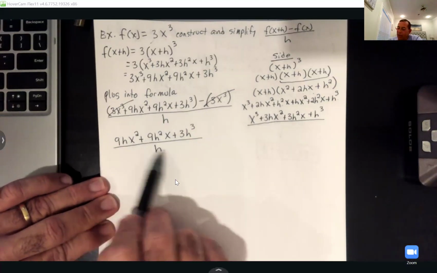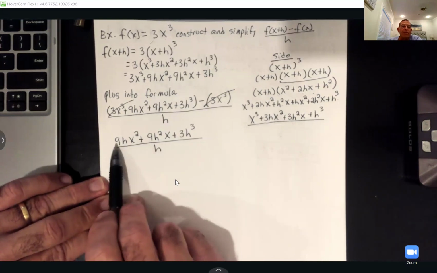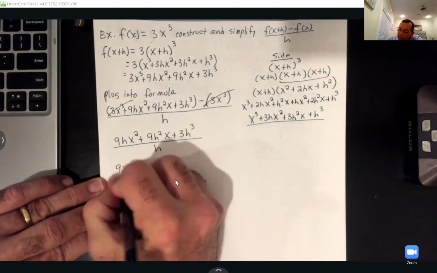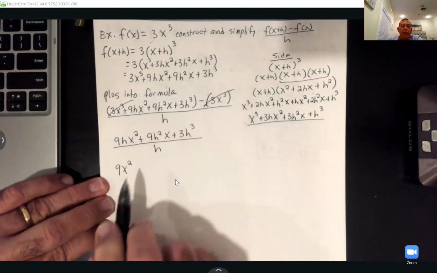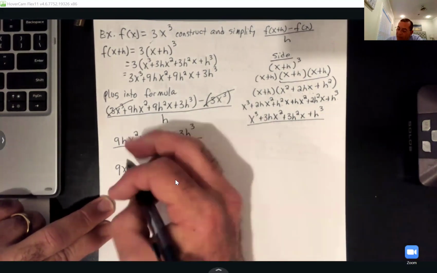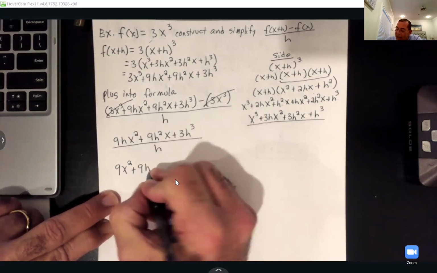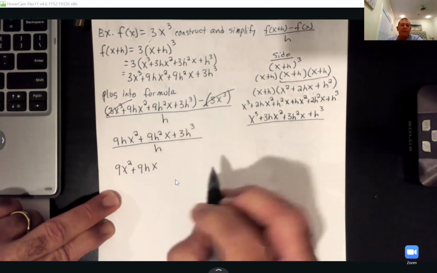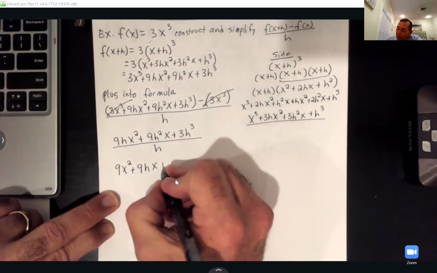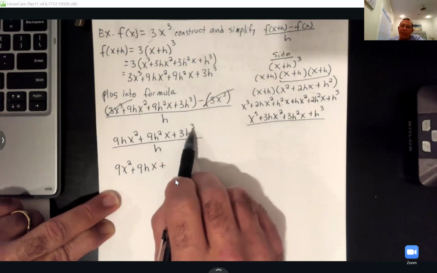The first one cancels by canceling the h's. So if that h cancels, all that's left is a 9x squared. In the middle, one h cancels, leaving me a 9hx. So notice 1 h canceled in the middle.